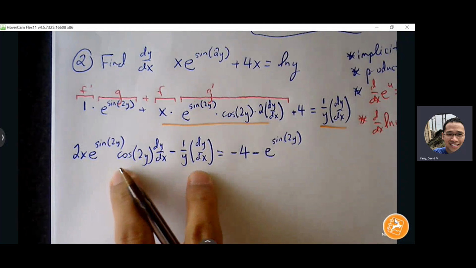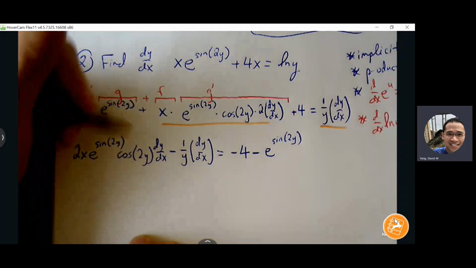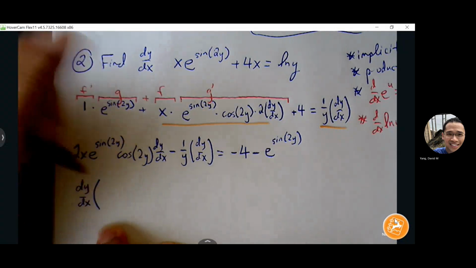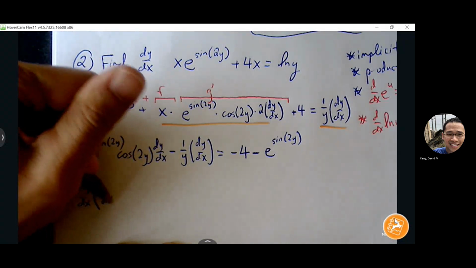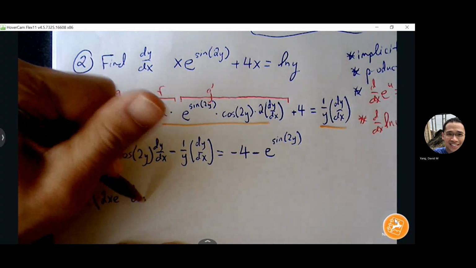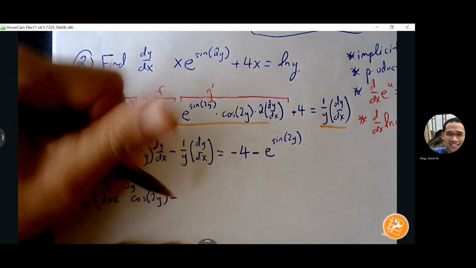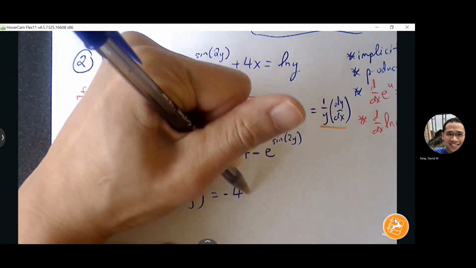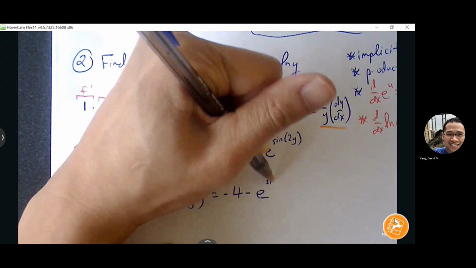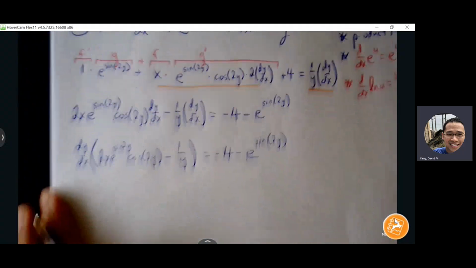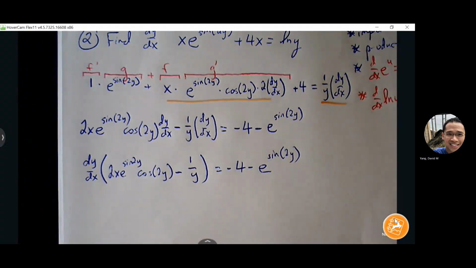Okay, I have my dy/dx terms on the left side. I can factor that dy/dx out. As messy as it is, we can just divide this over and it'll be good.